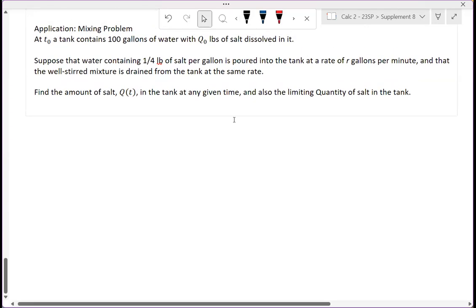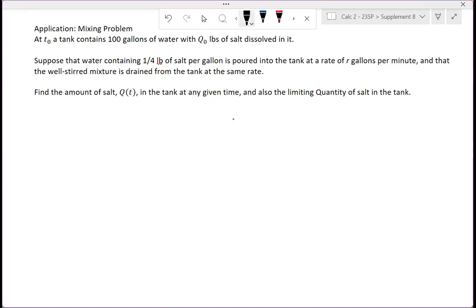Okay, so one last problem that we're going to look at in this supplement is a mixing problem. This is another classic example of a differential equation model where we have a tank and we're mixing some different solutions together. So at time t naught, a tank contains 100 gallons of water that has q naught pounds of salt dissolved in it.